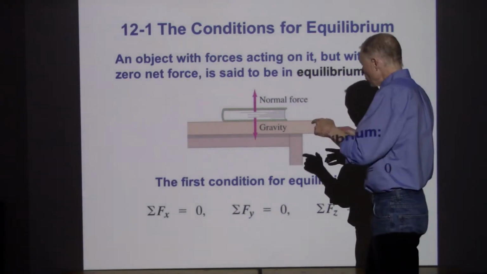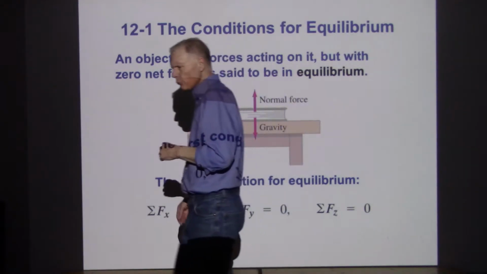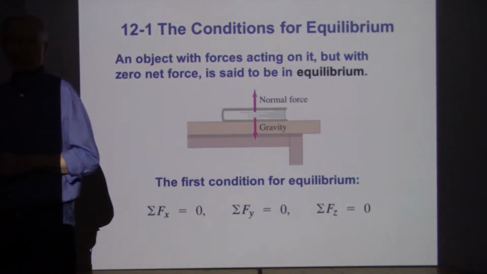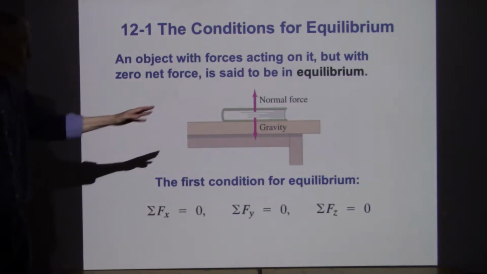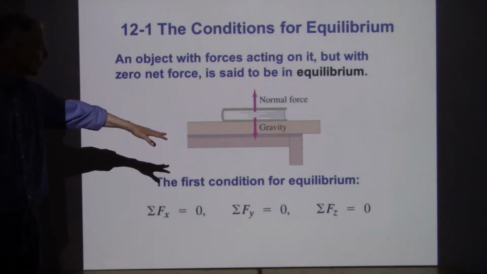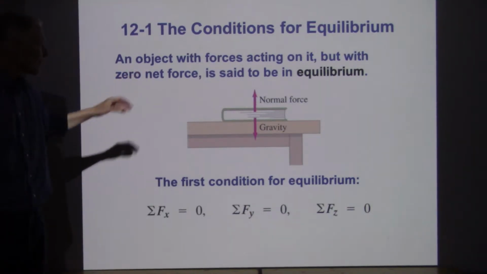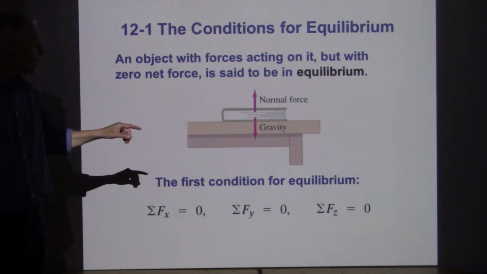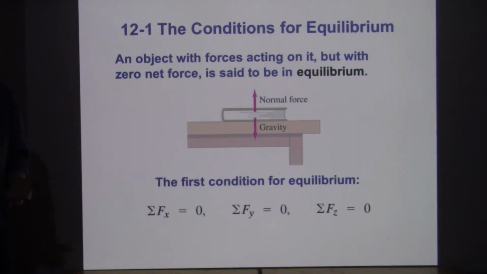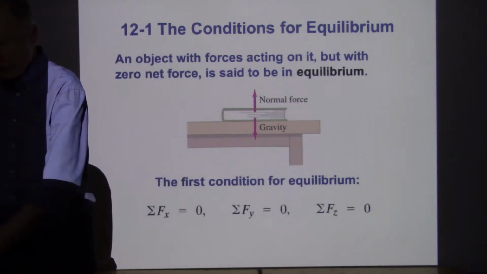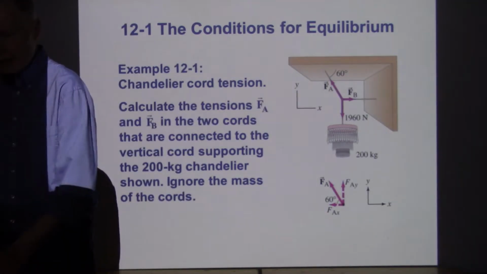Now, if you remember, having all the forces be zero doesn't mean the object is at rest. It just means that it's in constant velocity. So we do have to have all the forces go to zero if we want something to be at rest and stay at rest. But we also, in many of these situations, are assuming that the velocities are constant as well. But the first condition for equilibrium: all the forces add up to be zero.